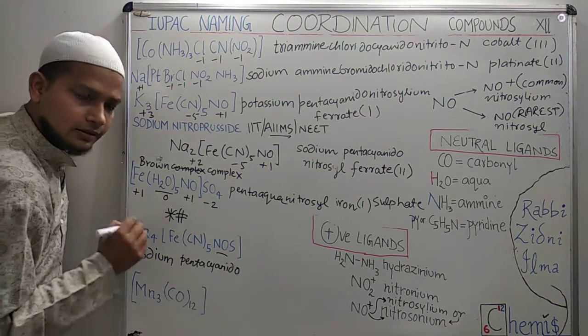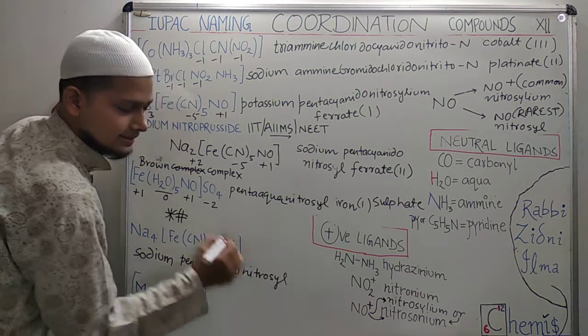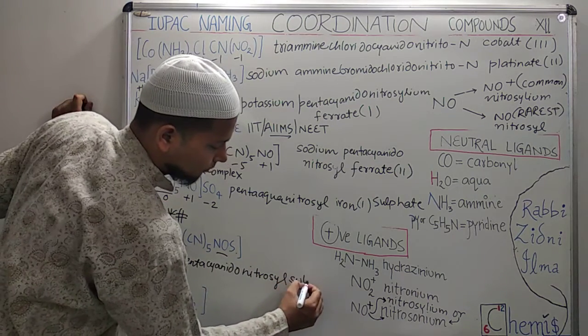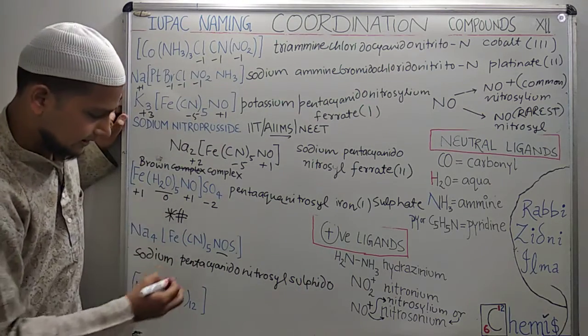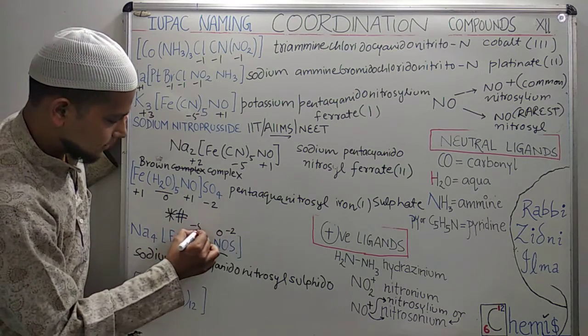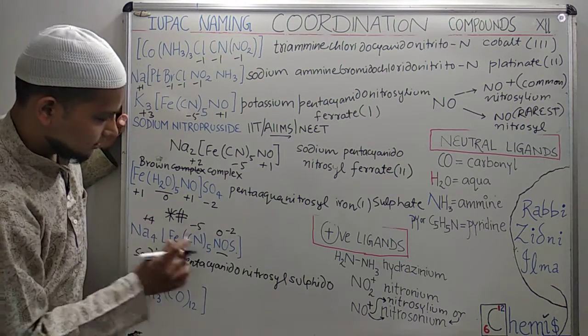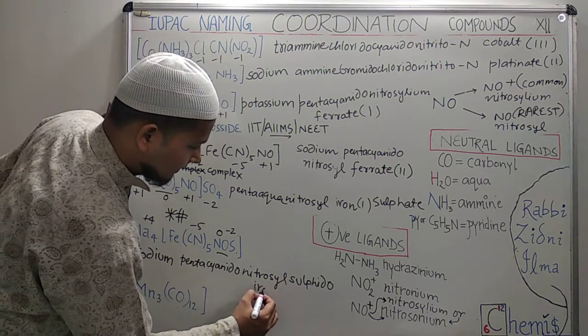NO is what? Nitrosyl, and S is sulfido. Last we have the oxidation state. NO is 0, sulfido is -2, this is -5, this is +4, 7 minus 4, that will give us 3. So iron will be 3.